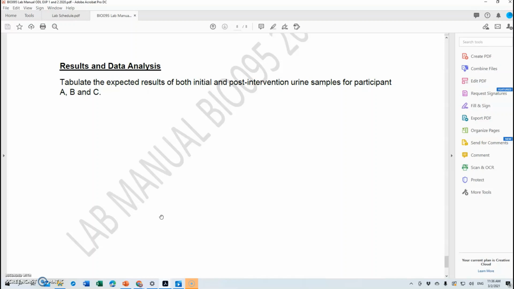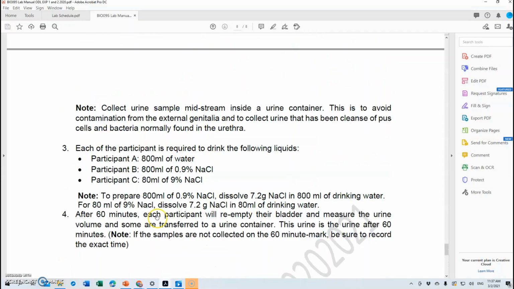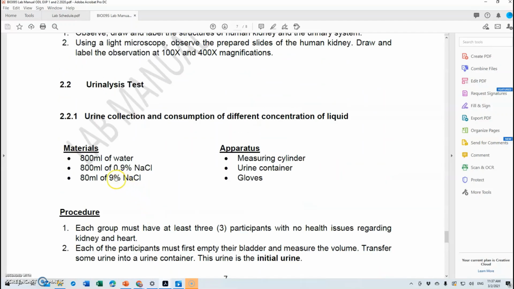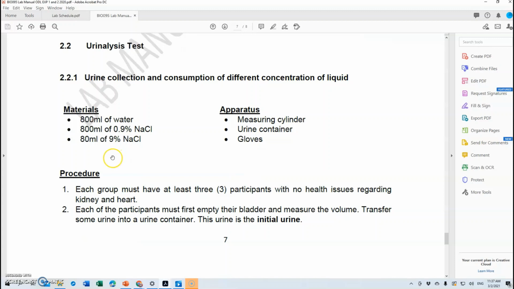And then for the second part of the discussion, I want you to discuss your results on experiment 2.2. It means that you have to discuss what are the effects of drinking too much water and drinking concentrated water towards the formation of the urine.